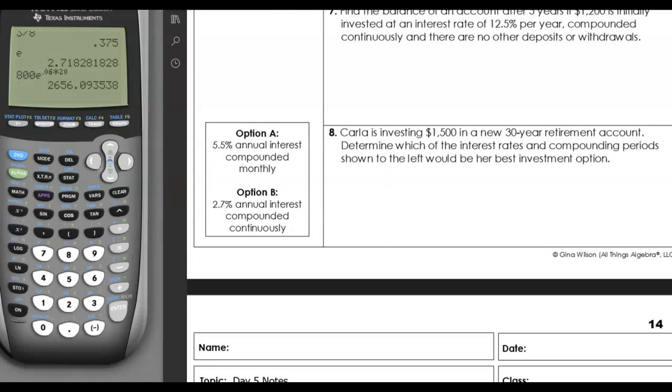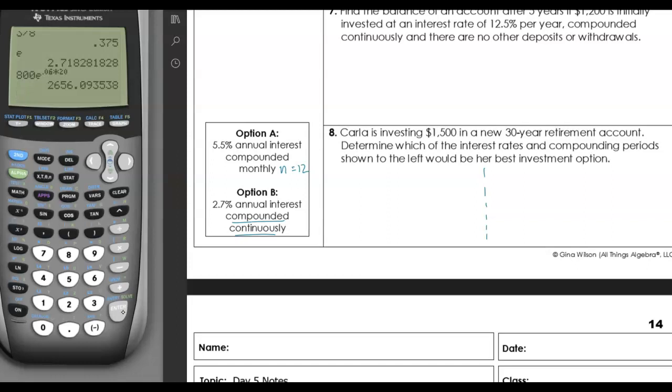Option A tells her that it's 5.5% annual interest compounded monthly. So it's compounded 12 times a year, so our n for option A is 12. For option B, it says 2.7% annual interest compounded continuously. You may be thinking right off the bat, compounded continuously is good.